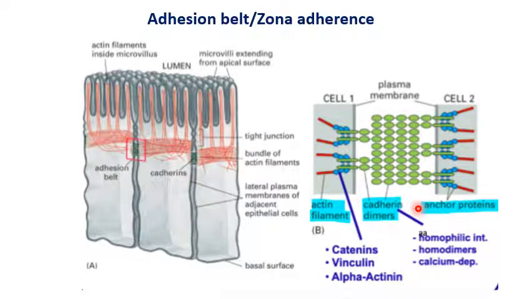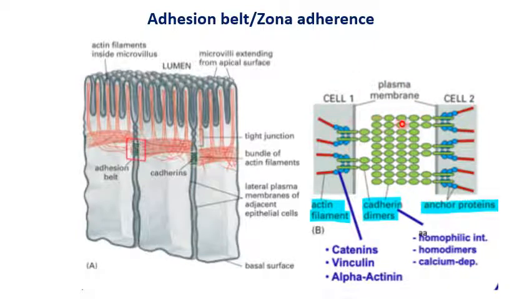And the transmembrane protein that is involved in the adhesion belt is cadherin dimers. The intracellular proteins are nothing but those present inside the cytoplasm of the cells.